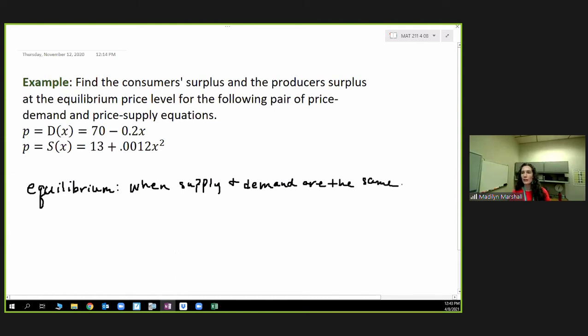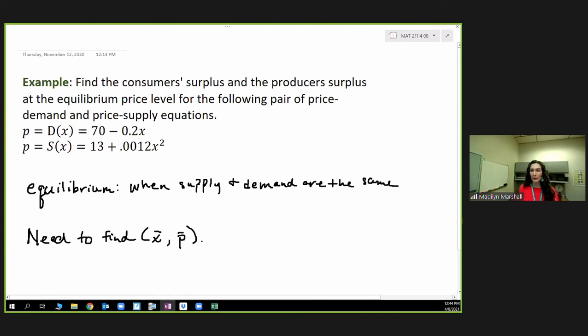So we have our price demand equation and price supply equation. The two things we don't know from our consumer surplus and producer surplus formulas are X bar and P bar.